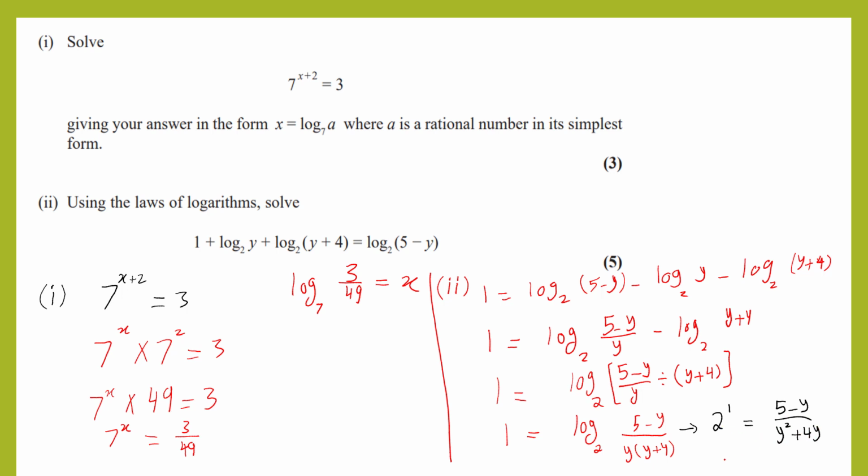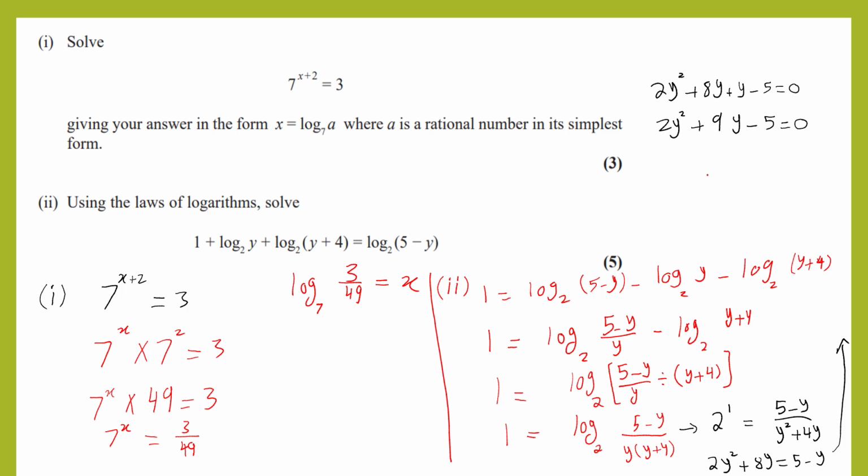If you do cross multiplication it will be 2y squared plus 8y equals 5 minus y. We can just do it up there, so it will be 2y squared plus 8y, then plus 1 more y, minus 5 is equal to 0. So it will be 2y squared plus 9y minus 5 is equal to 0.